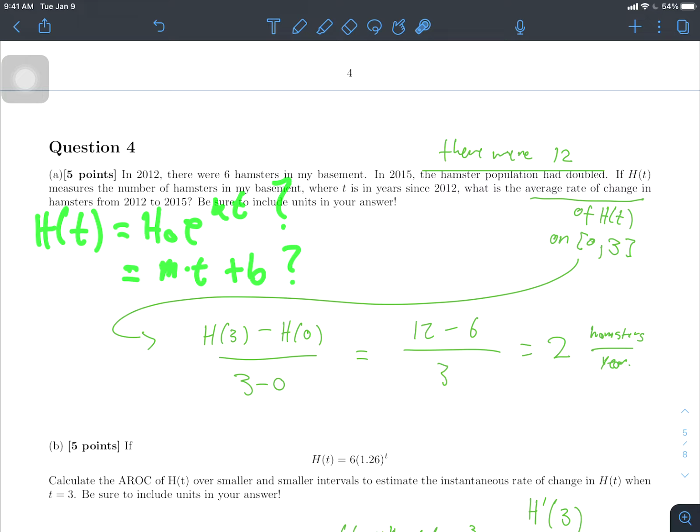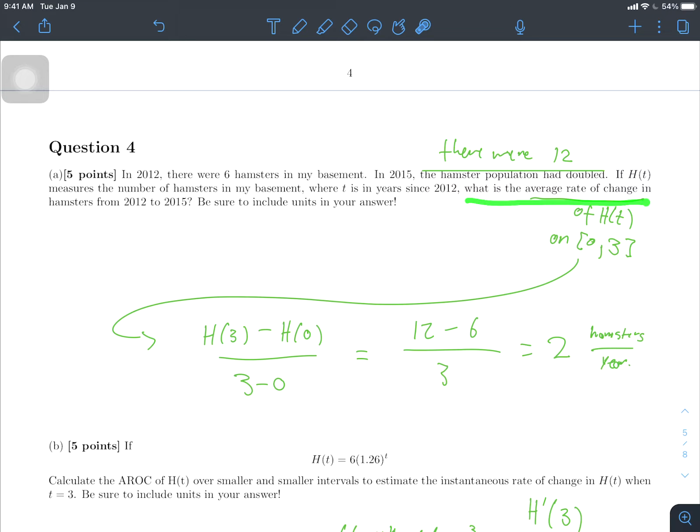We don't know. But that's irrelevant for the purposes of the problem, because we're asked for the average rate of change in hamsters from 2012 to 2015, which is h of b minus h of a over b minus a.